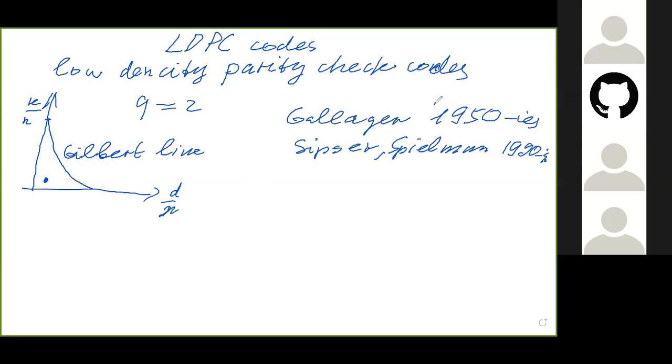So what is it? These will be linear codes with alphabet F2, considered as a field.